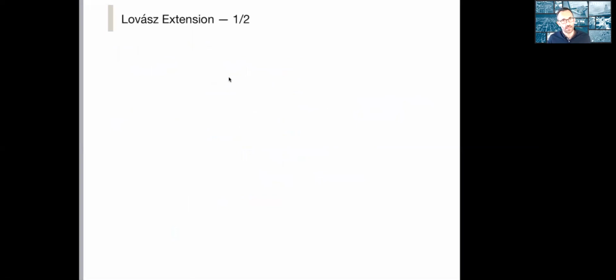Okay, so now I'm going to talk about a different extension called the Lovasz extension, and from the get-go we're going to see that this can, for any function, be evaluated efficiently. So we're working backwards. Rather than starting with an extension that has desirable properties like convexity or concavity and then asking can we evaluate it, we're going to now give an extension that is clearly easy to evaluate, but its properties are unclear.